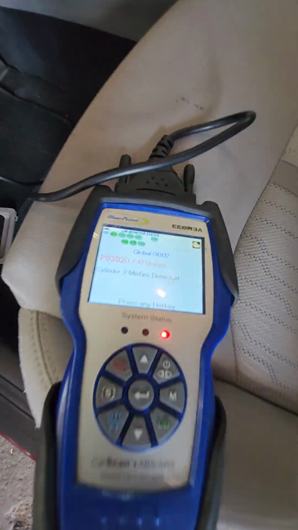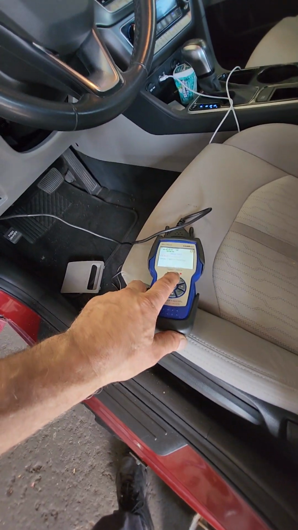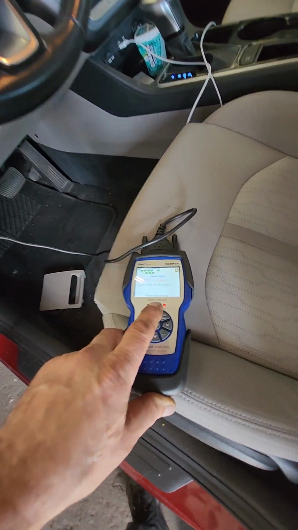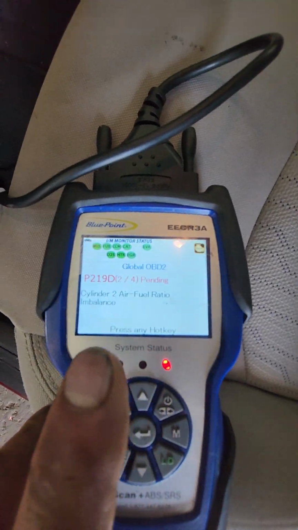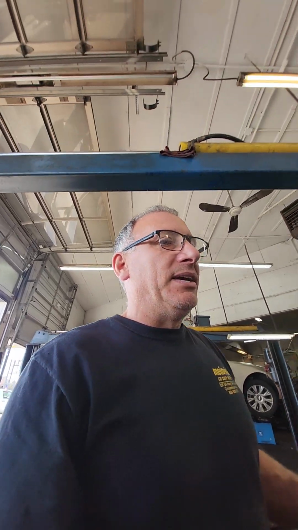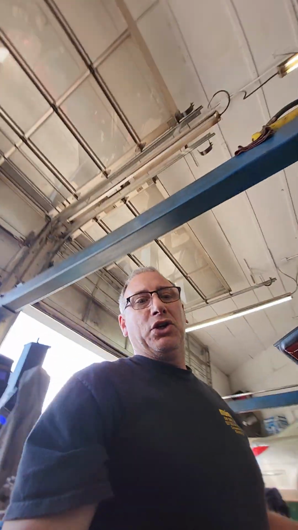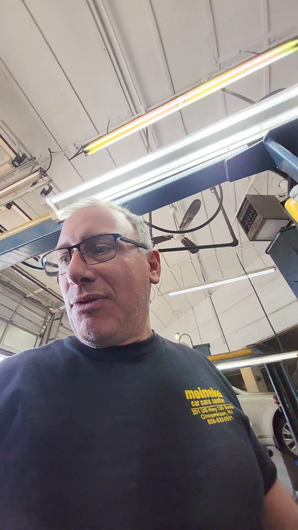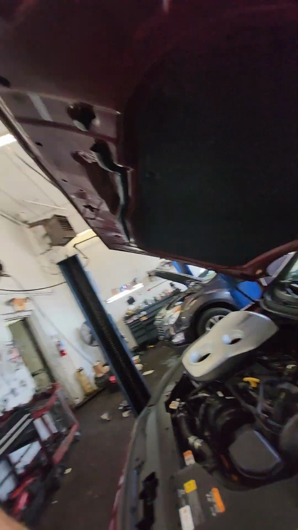We have a cylinder 2 misfire on this car detected, and then we also have a cylinder air fuel ratio imbalance. Even on vehicles that I have seen that have had bad spark plugs, they have never come up with this code. So if that gives you a clue to what's going on here, this car probably needs injectors, although it's probably overdue for maintenance, and we're just going to take a look.